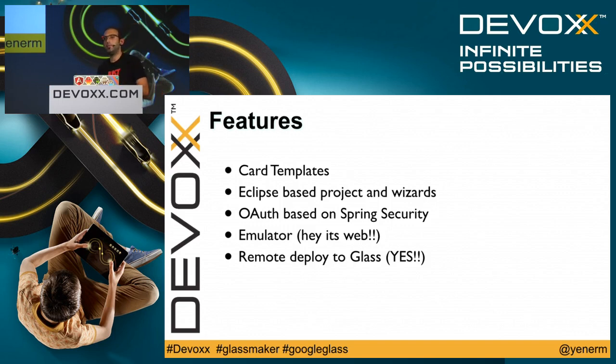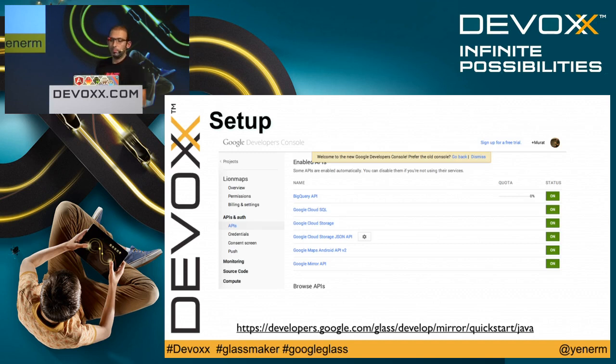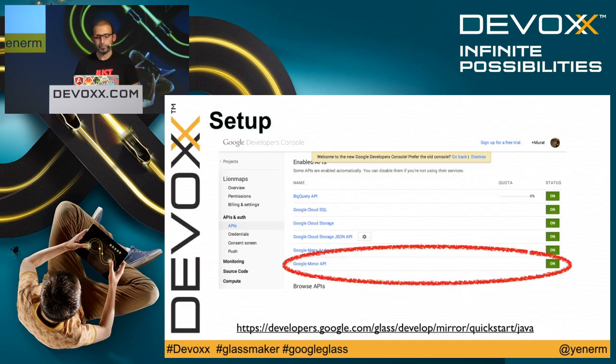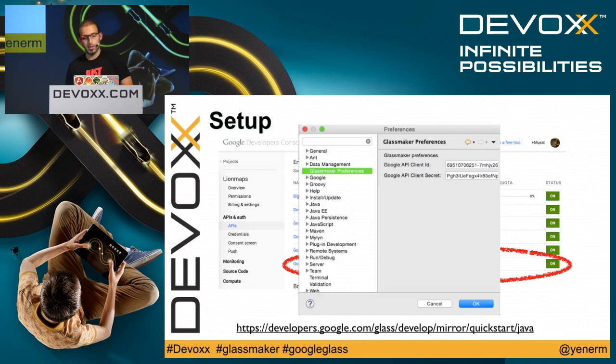It's HTML5, and the purpose of Glassware is pushing HTML pages to the Glass, so it doesn't need to be connected, and we can make use of this. To set up, you need to go to the Google Developer Console and enable your Mirror API. Then create a Google API client ID and secret and type it into Glassmaker, which I'll show later.